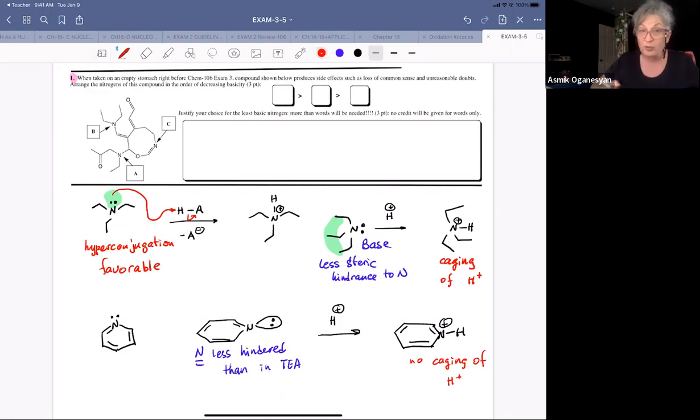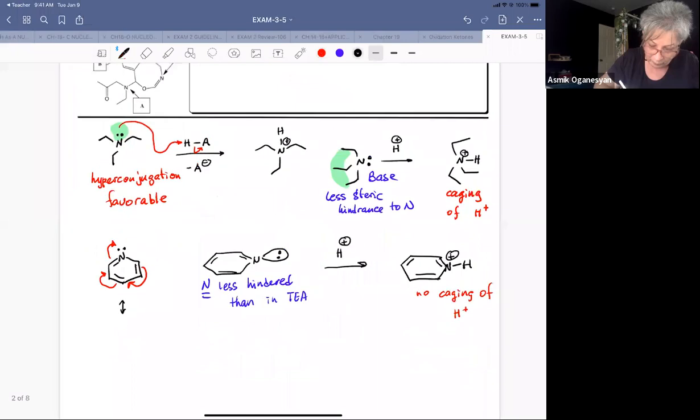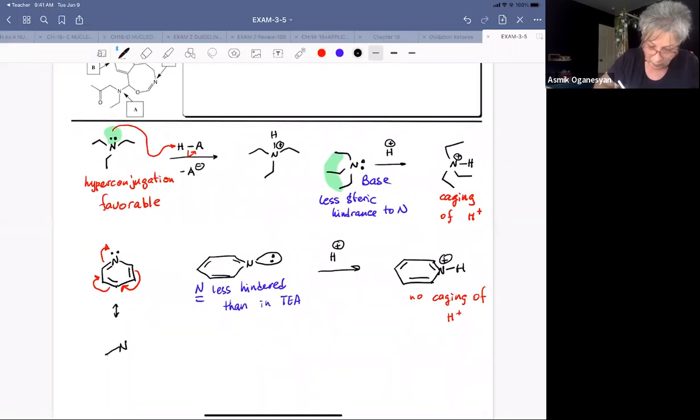And this is why those two bases, having very different sources of electron density on nitrogen, are going to give us almost the same strength as a base. So in pyridine, we can also see that the electron density can be delocalized by giving a resonance structure where nitrogen will acquire a negative charge.